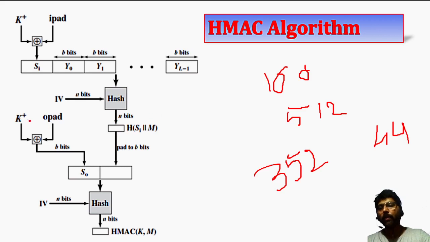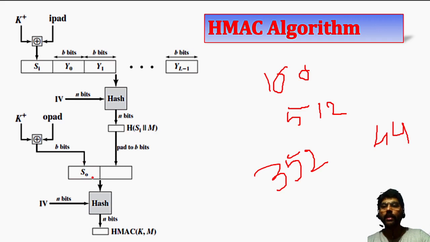At the same time, we again XOR this key, that is k plus, with the OPAD, that is nothing but hexadecimal 5C. Whenever you XOR these two numbers, you again generate b bits of data, which is called So or S0.